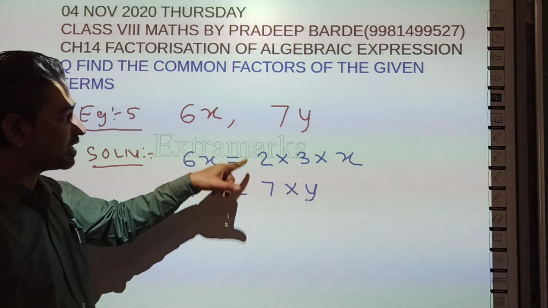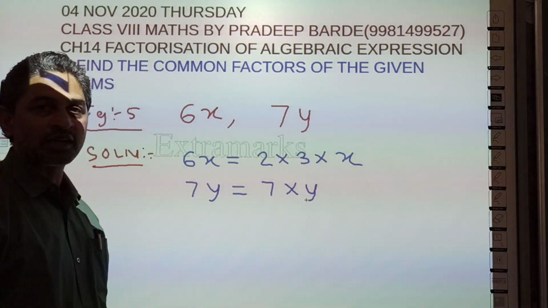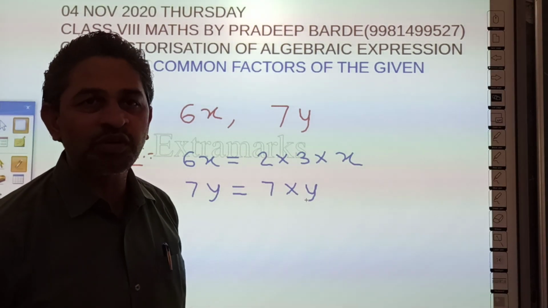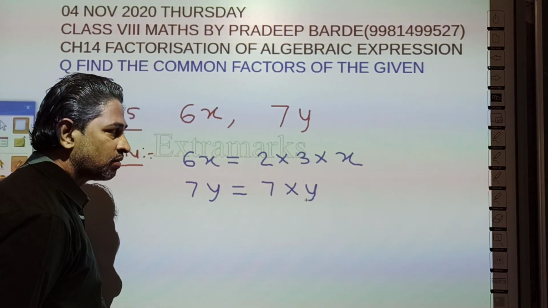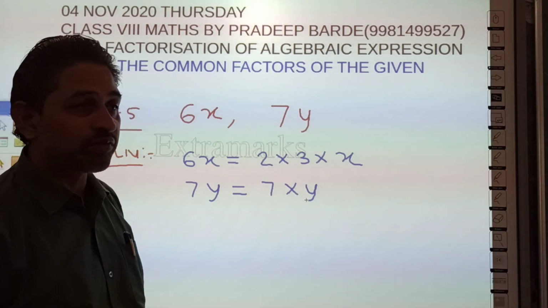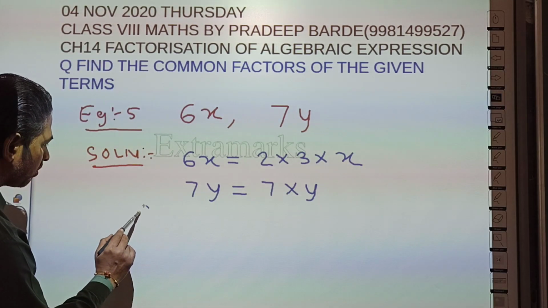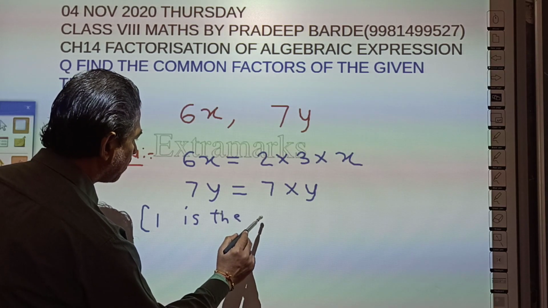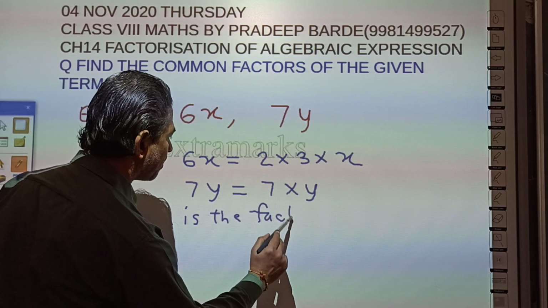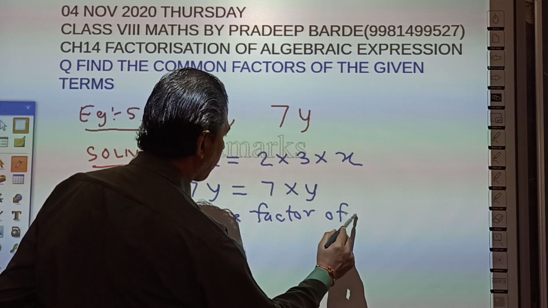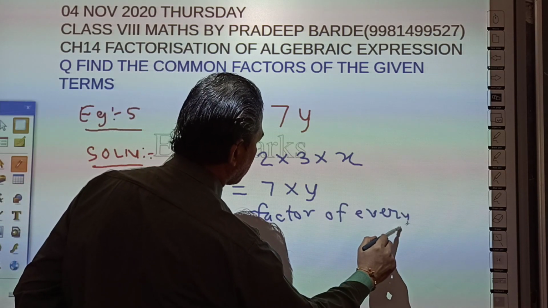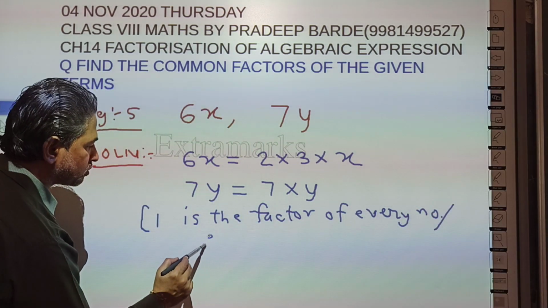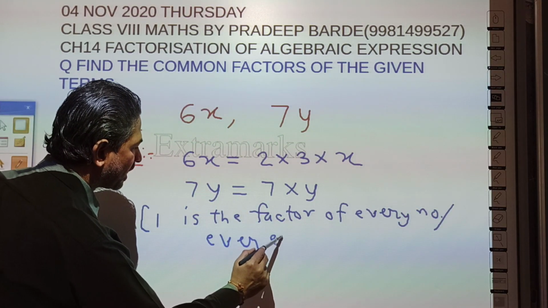Here we see that there is no common factor, and we have already learned that 1 is a factor of every number. 1 is a factor of all numbers. Also, it is a factor of every expression.